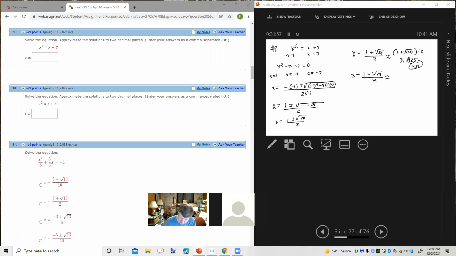And then the second one, 1 minus the square root of 29, the whole thing divided by 2. And we get negative 2.1925, etc. The 2 rounds down, so negative 2.19. Okay, let's see here.